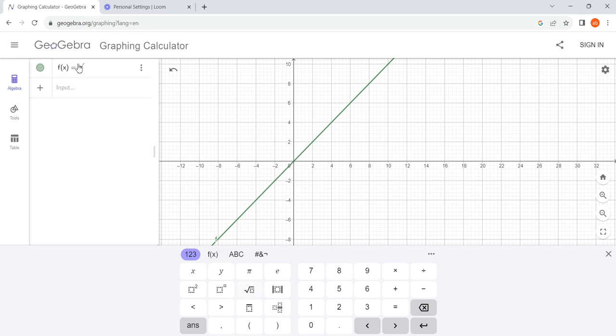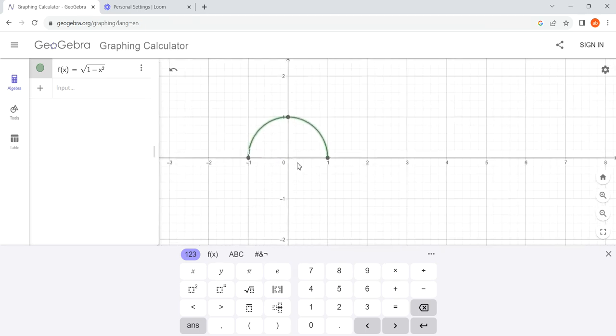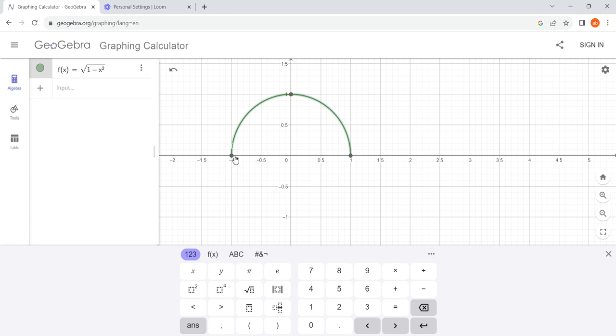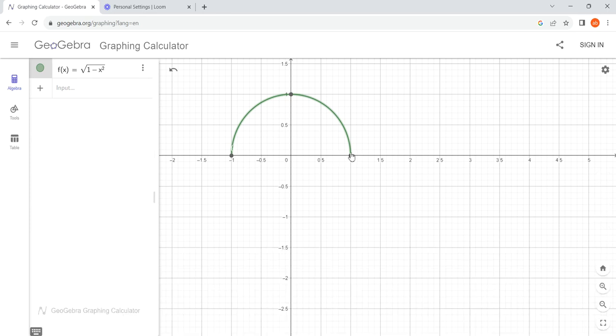For example, square root of 1 minus x squared. The graph looks like this. So the domain is from minus 1 to 1 and the range is from 0 to 1. So my answer is correct.